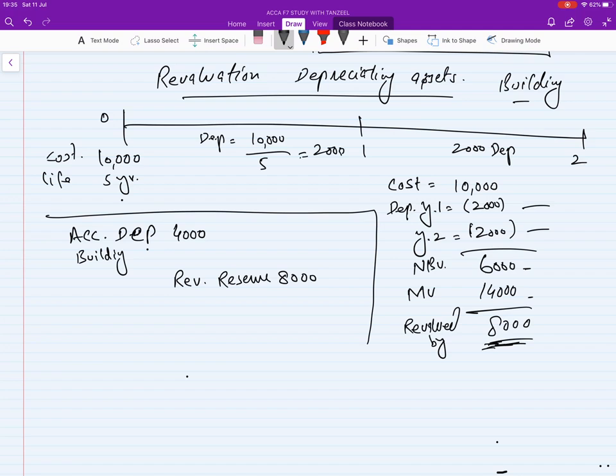So debit building, because it was being revalued, so that is why we are debiting the building. So this will be your double entry.